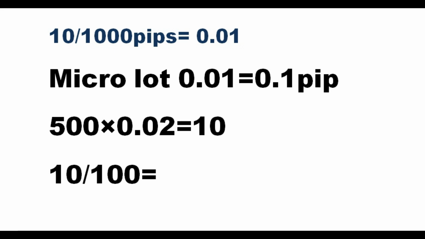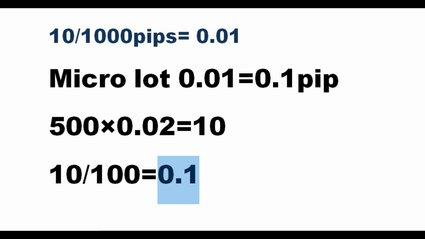If you divide this by 100 pips, you're going to get 0.1. You're going to get 0.1 in pip value right here.